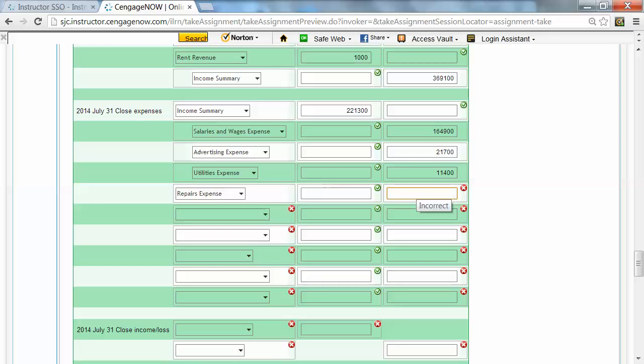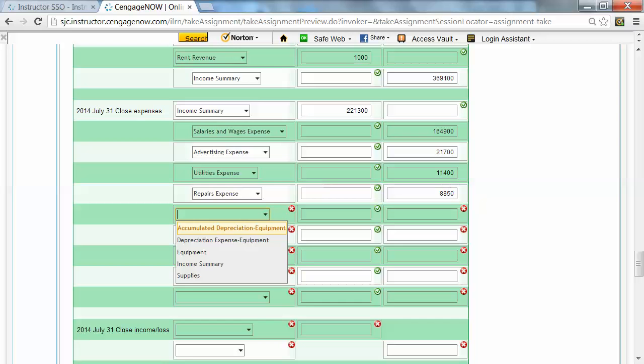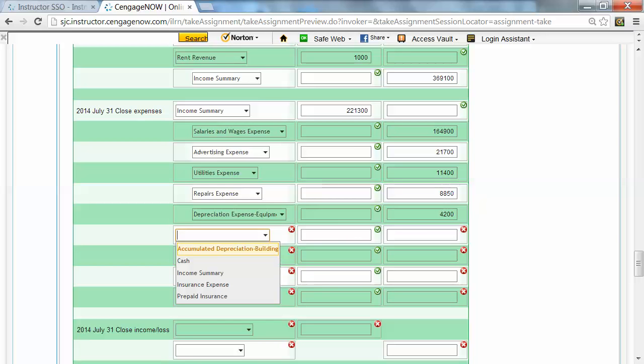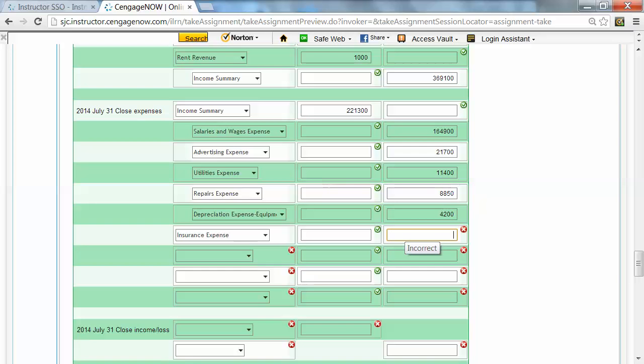Repairs on line 28 is $88.50. Then I have depreciation expense on the equipment. I'm going to credit that for $4,200. Insurance expense is going to be credited for $2,500. Supplies expense, I'll credit that for $18.30. That's from line 31.